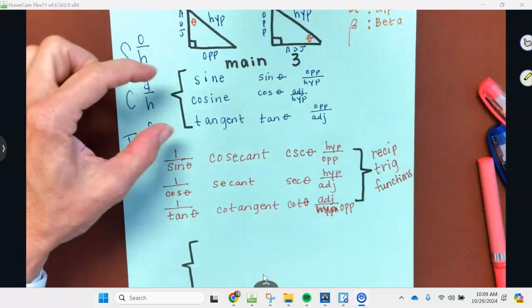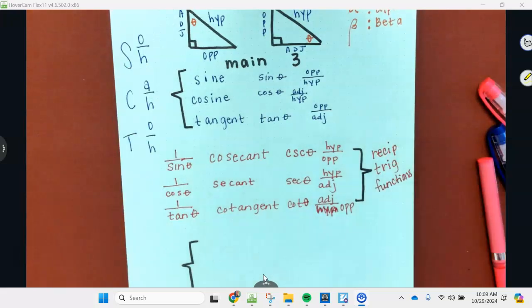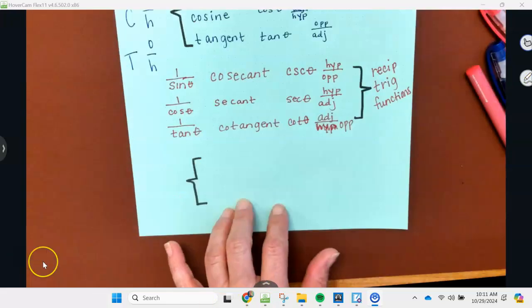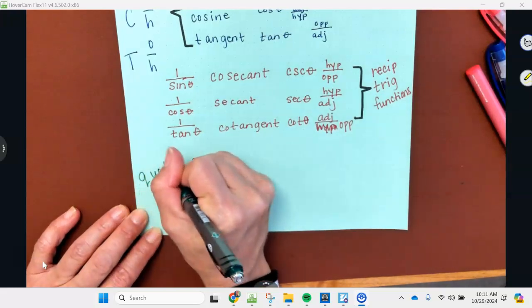All right, so you got your main 3. You got your reciprocals. And then we need to talk about tangent and cotangent. Because tangent and cotangent have a special place for us in pre-cal because it has the extra function. So look, guys, up here, I am going to pause this for a moment. These are going to be your quotient ratios.